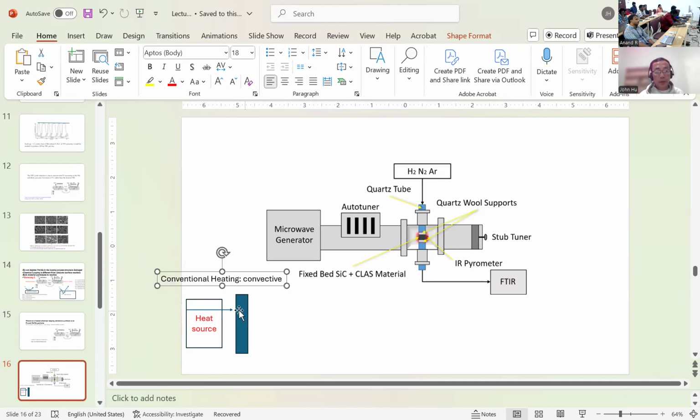So in conventional heating, you have the reactor tube and you have heat sources, and this conventional heating is convective. Basically, you radiate heat onto the material.